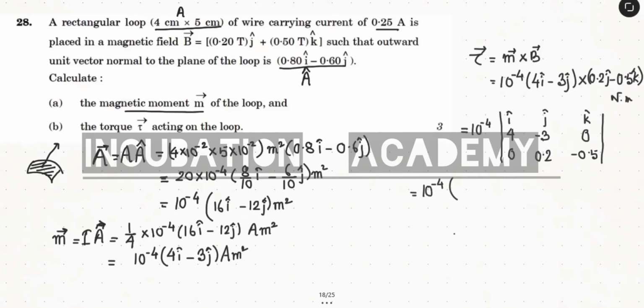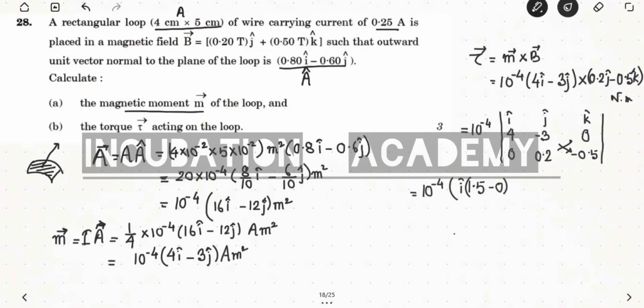For the i cap, it will be minus 3 multiplied by 0.5, which is minus 1.5, minus 0.2 into 0, which is 0.